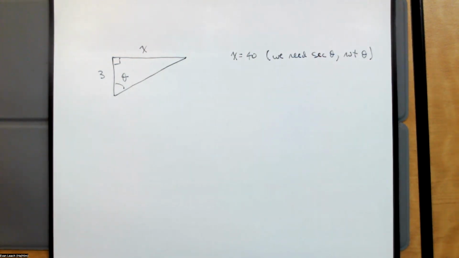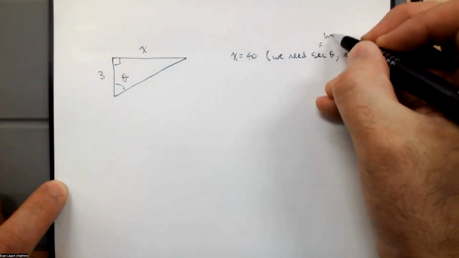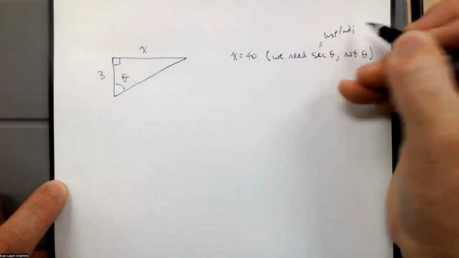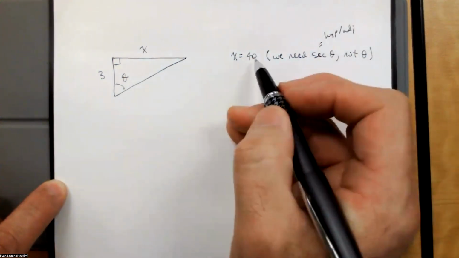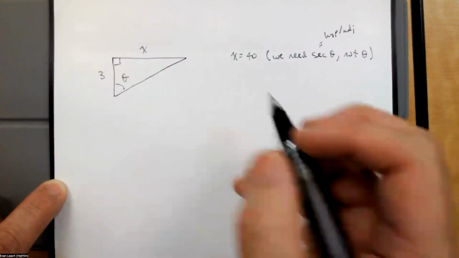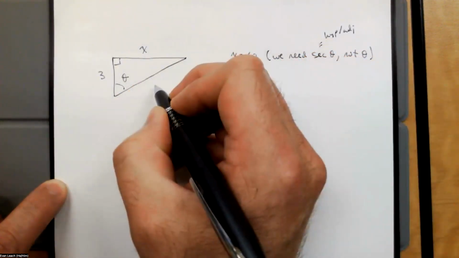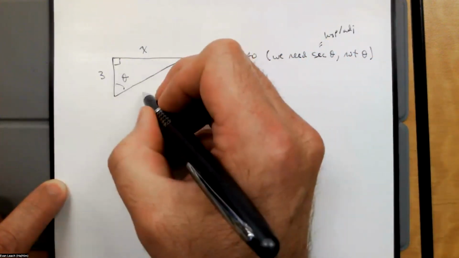Secant is 1 over cosine, so it's hypotenuse over adjacent. So I just need to know the hypotenuse when x is 40 and adjacent is 3. So if I make x 40, then the hypotenuse is the square root of 3 squared plus 40 squared.